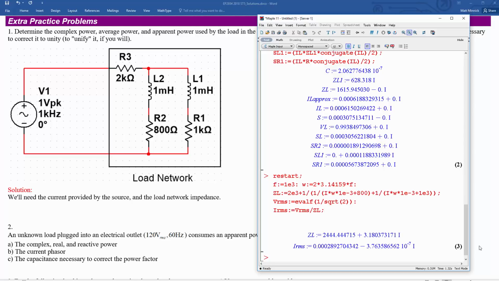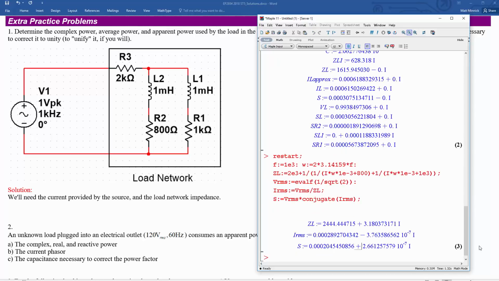All right, so the complex power would be S is equal to the VRMS times the conjugate of IRMS, and we're going to get this thing there. So there's our complex power.